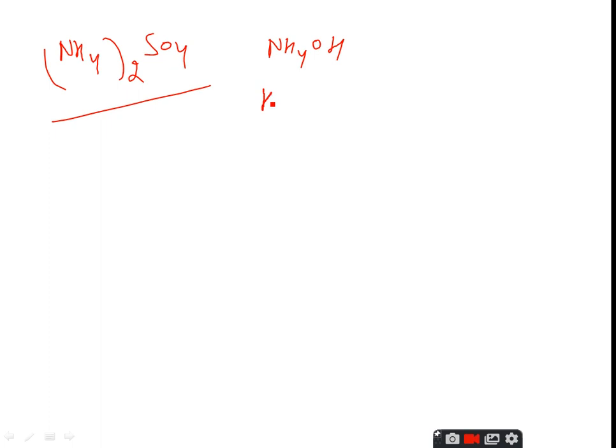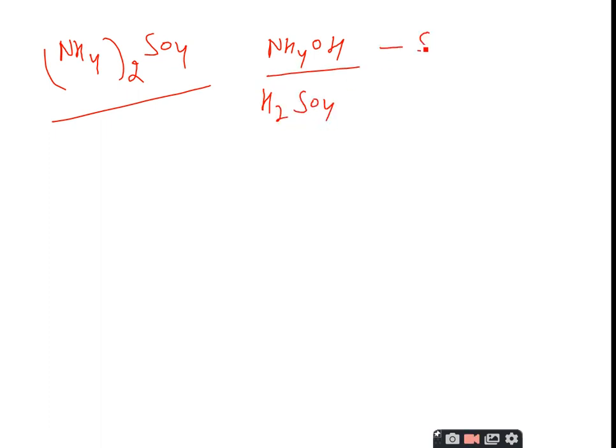Next, suppose we have taken (NH4)2SO4. This salt is known as ammonium sulphate. In this, ammonium comes from ammonium hydroxide and sulphate comes from sulfuric acid.